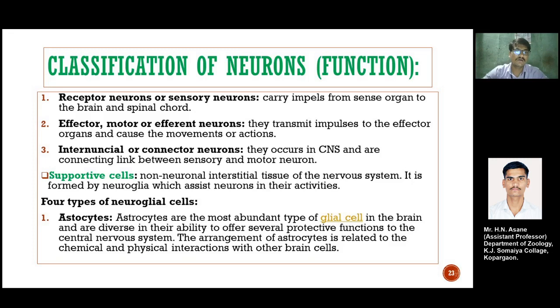The third main type are the internuncial or the connector neurons. These connector neurons occur in the central nervous system and are the connecting link between the sensory and the motor neuron. They function in between, simultaneously, collaborating with each other to do particular processes.